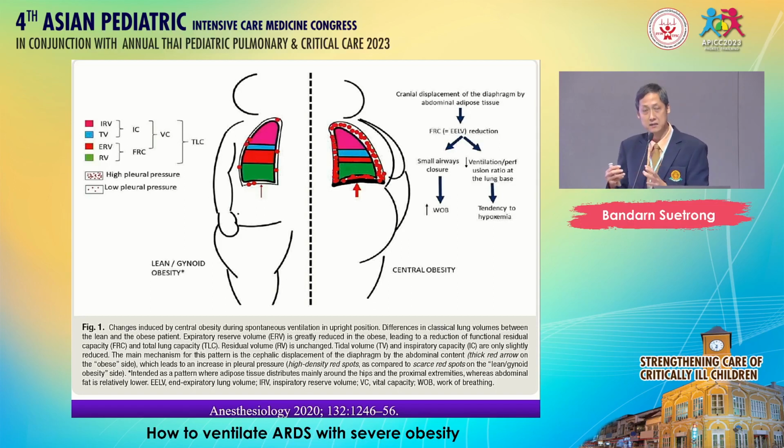It's like the patient with obesity has chest wall stiffness or low chest wall compliance. So they need a higher pressure to inflate the lung, not only higher PEEP, but also higher driving pressure.